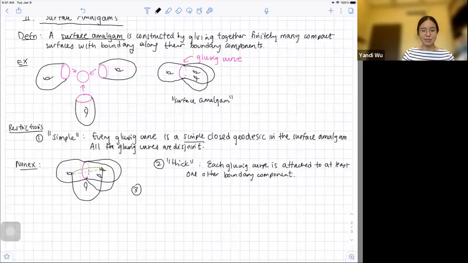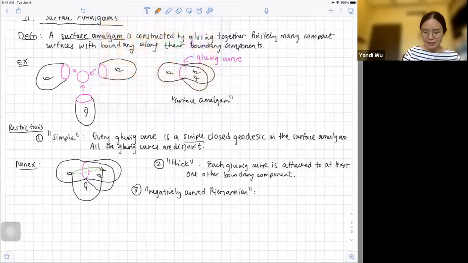And then the third assumption is that it's negatively curved Riemannian. This assumption is kind of what you might expect it to mean. Each of these surfaces with boundary is called a chamber, borrowing terminology from the theory of buildings.